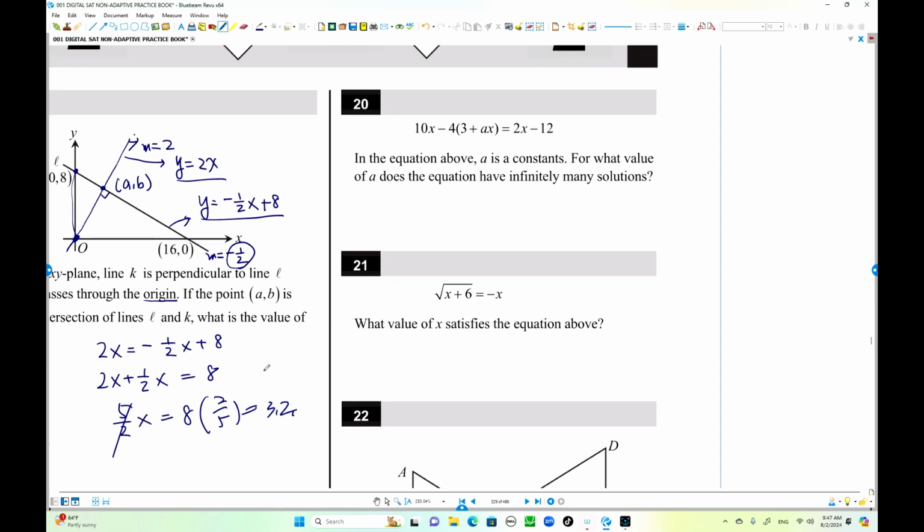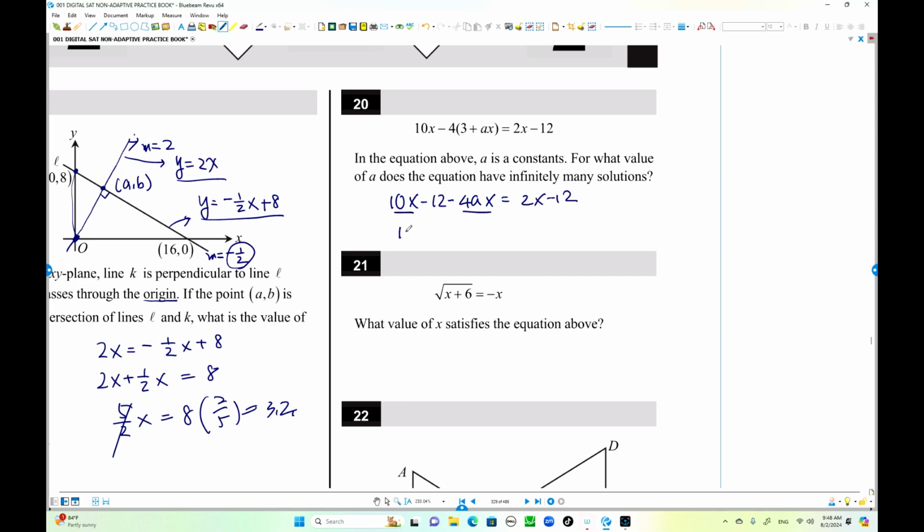Here is number 12. For what value of a does the equation have infinitely many solutions? Infinitely many solutions means both sides' expressions must be equal, right? That's the rule. So 10x minus 12 minus 4 times ax equals 2x minus 12.